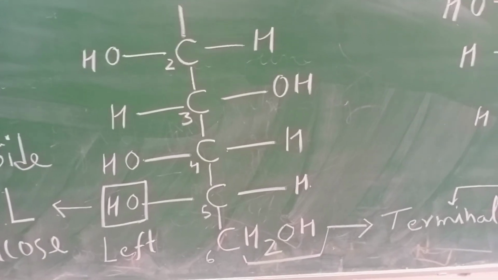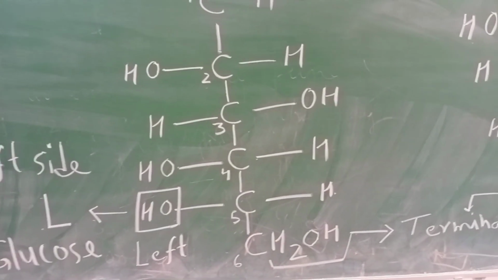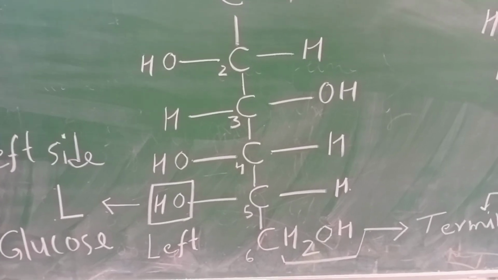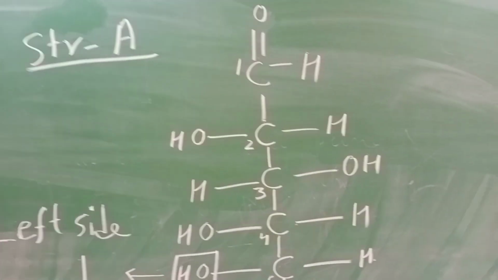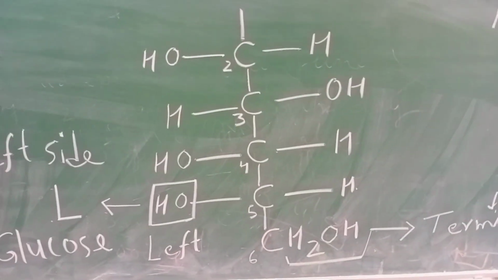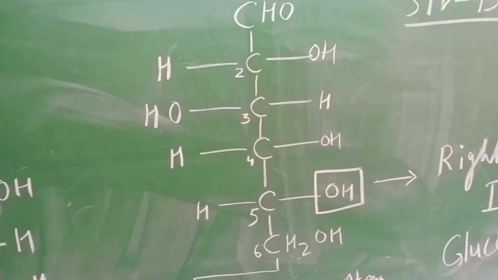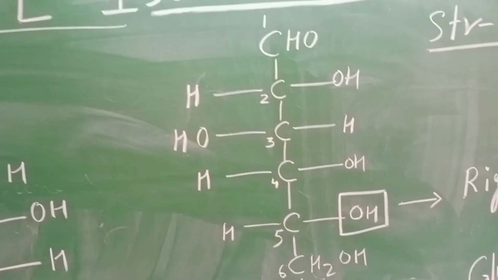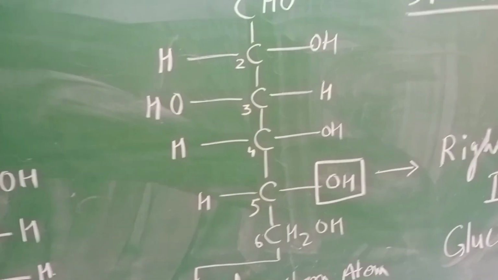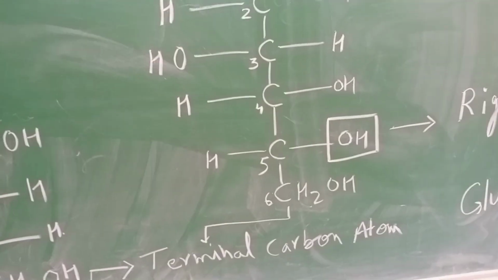So I represent the tail carbon atom in both structures and numbered them accordingly as 6. So the 6th carbon atom in structure A represents the terminal carbon atom, and likewise in structure B, the 6th carbon atom is also the terminal carbon atom.